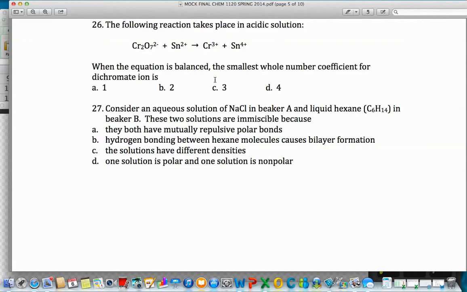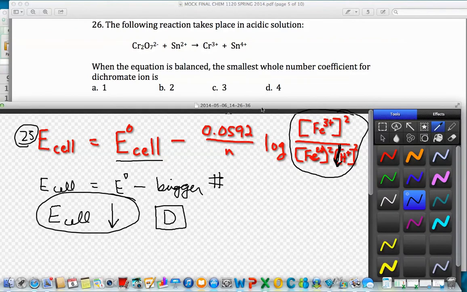Number 26, we have to balance the following redox equation. So this is a nice review of something we did relatively recently.